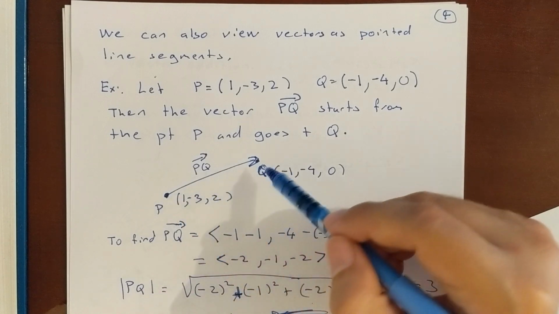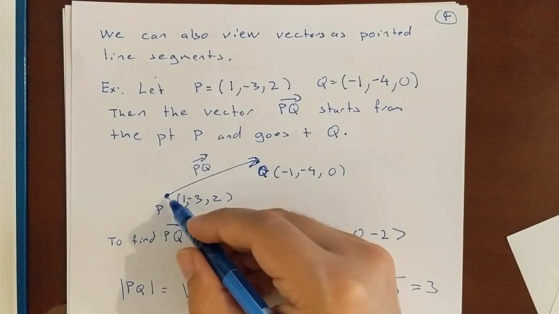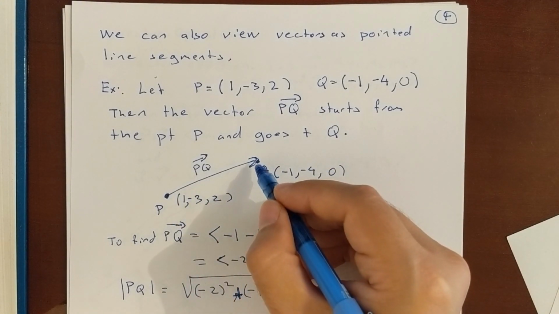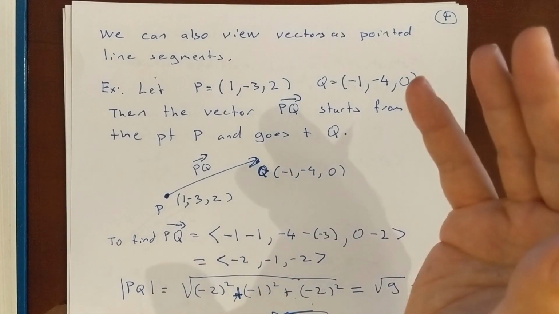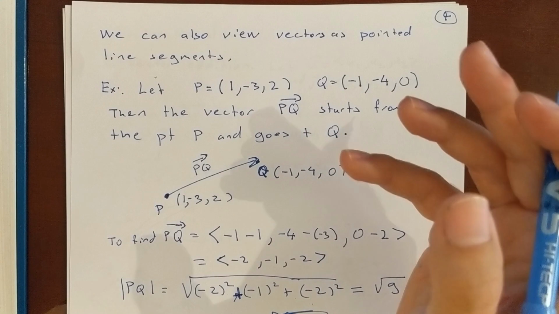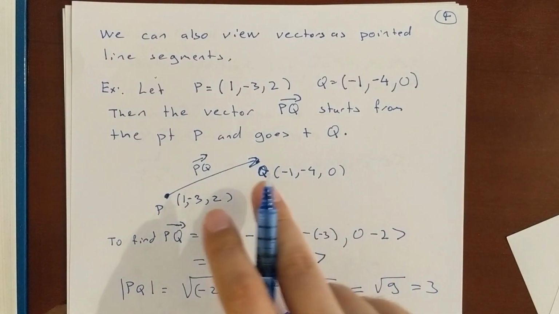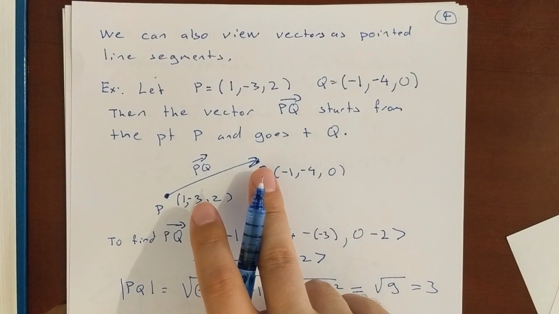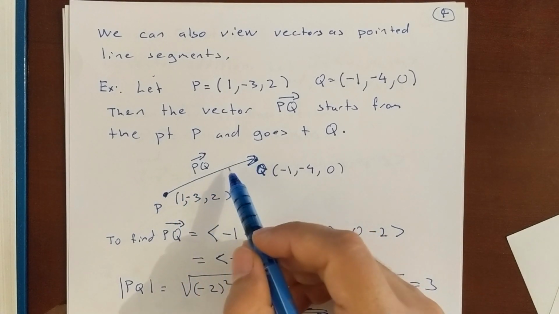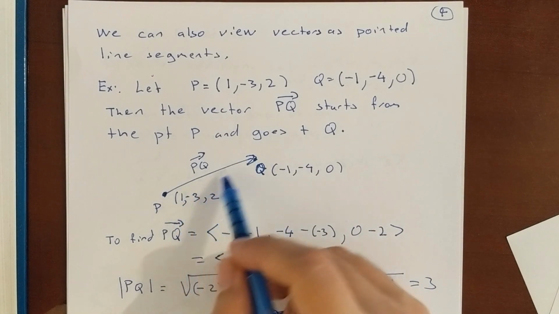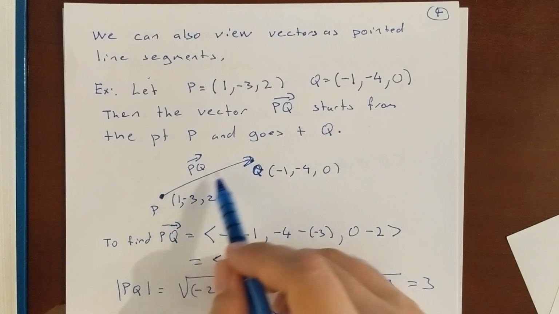And we can think about the vector whose tail is at P and whose head is at Q. Now, actually, vectors don't have any starting place, but later on this is going to be useful. We're going to introduce starting places. If I just think about this as length and direction, how would I get this length?